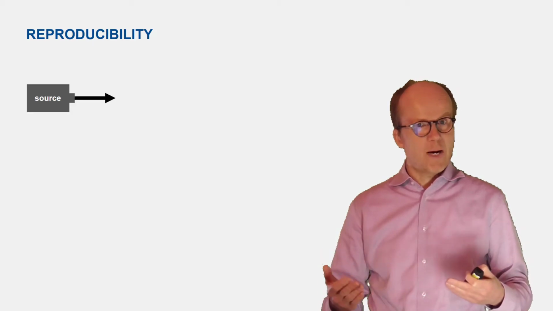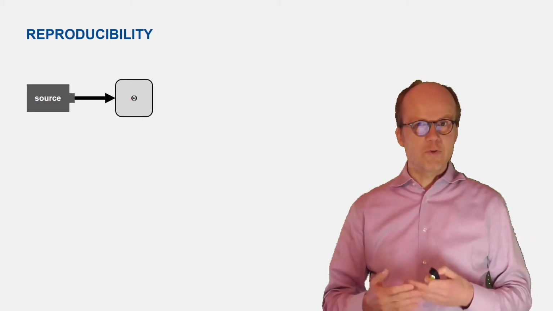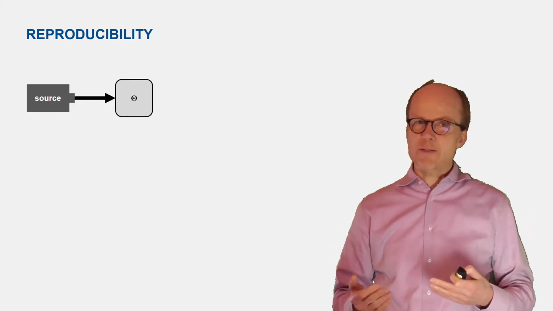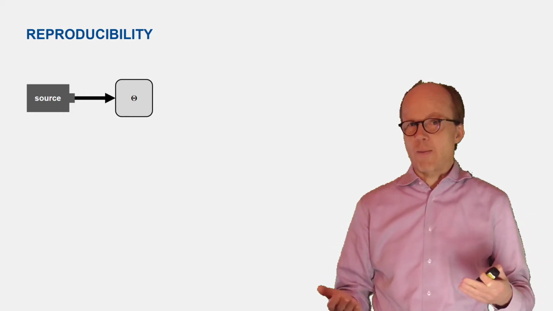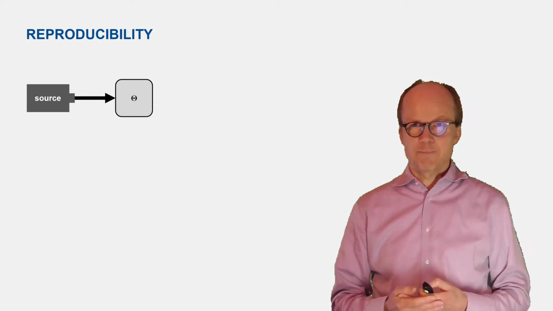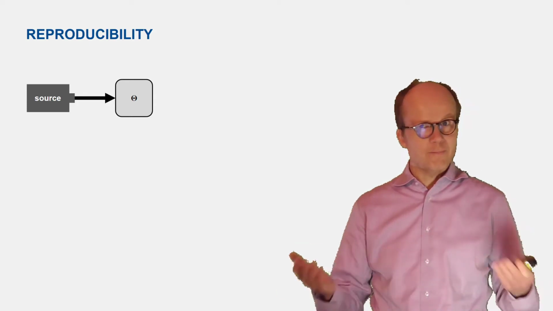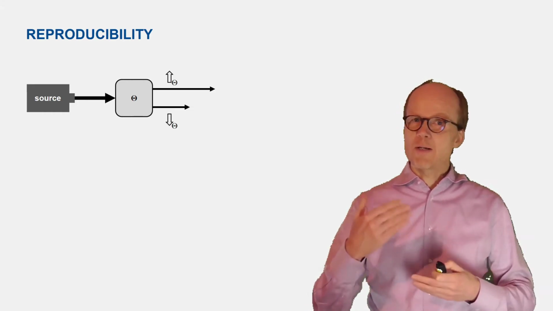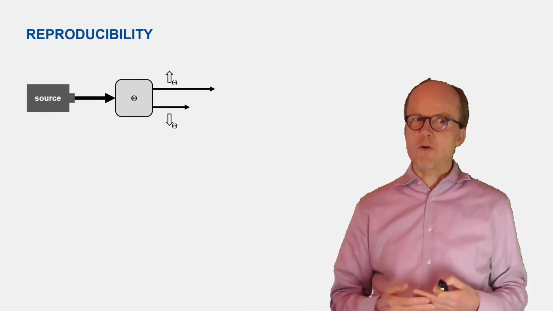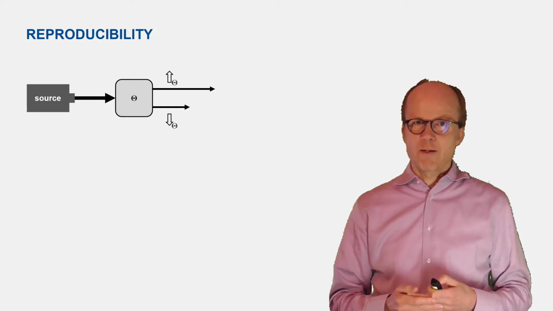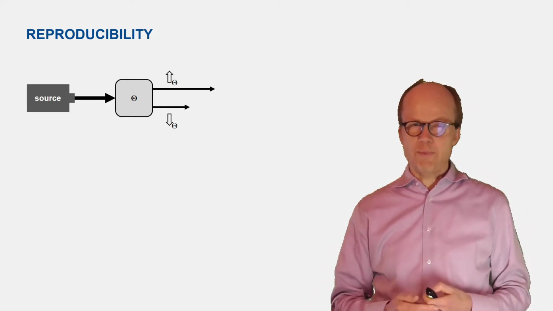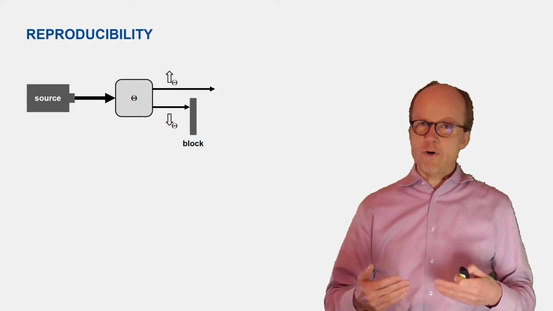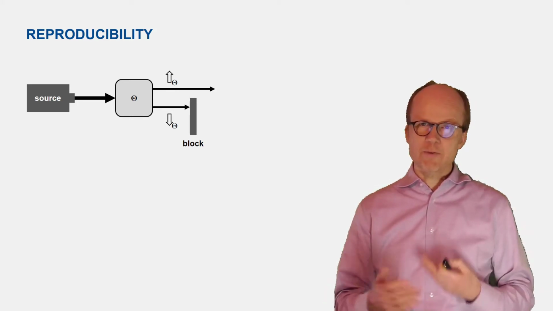And the particles are subjected to a binary measurement which is characterized by some parameter theta. There are two possible outcomes corresponding to an upper beam and a lower beam. Now you can block out one of the beams, let's say the lower beam, and perform a second binary measurement on the upper beam.